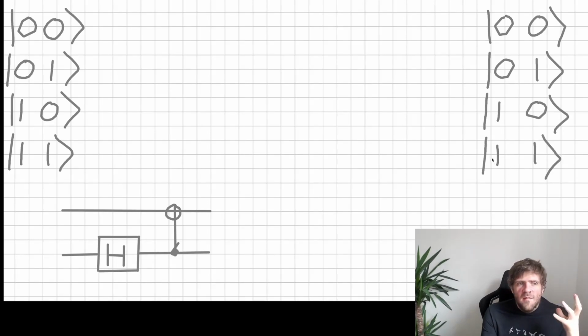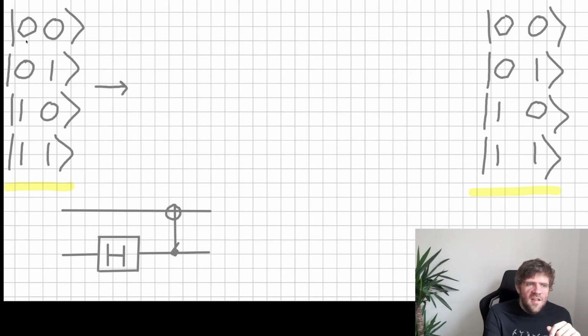So the most obvious approach would be to take our 2-bit string and encode it into qubits and then send those 2 qubits. The person at the end measures them and they get the 2-bit string. But what we can also do is apply the circuit that I've drawn at the bottom of the screen here.